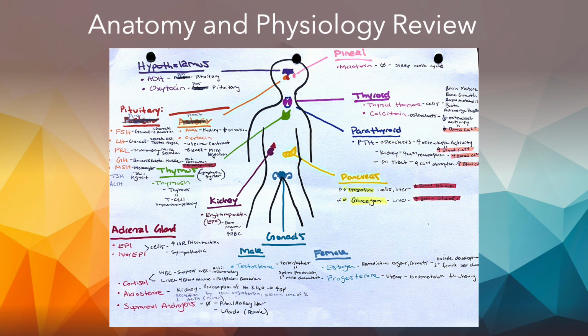So if the hormones at the end of this connection are too high, then it gives a negative feedback signal to stop making that releasing hormone. And we're going to talk about how an excess or deficiency in some of these hormones being secreted can lead to a lot of pathological conditions. So that's where we're going to go in this PowerPoint.